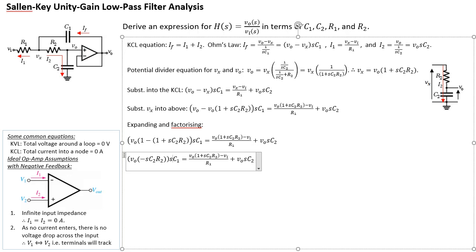Okay, so next thing I want to do is multiply by R1 everywhere. The idea is I want to get rid of this R1 at the bottom here. So I'll multiply both sides by R1.